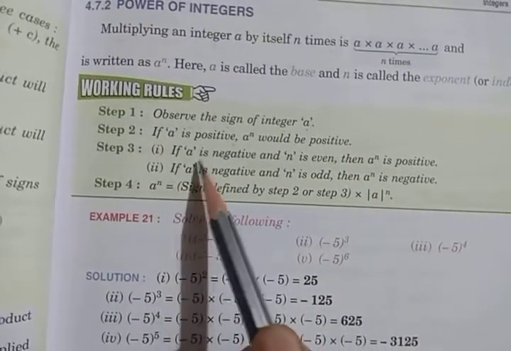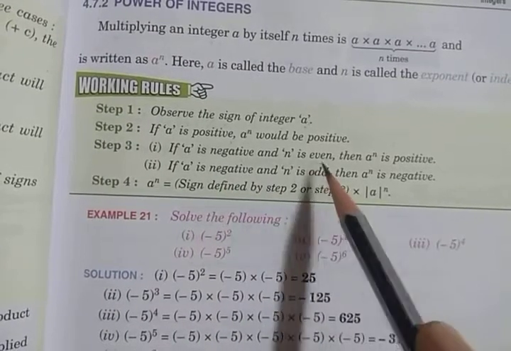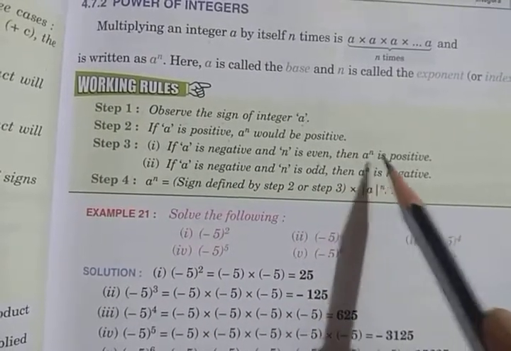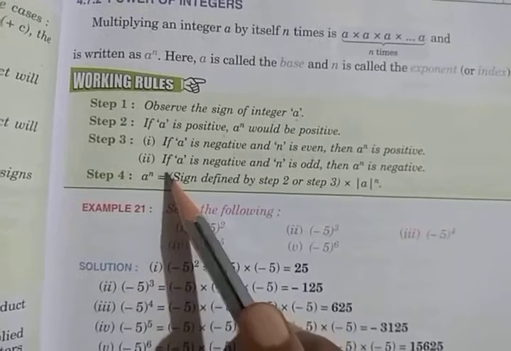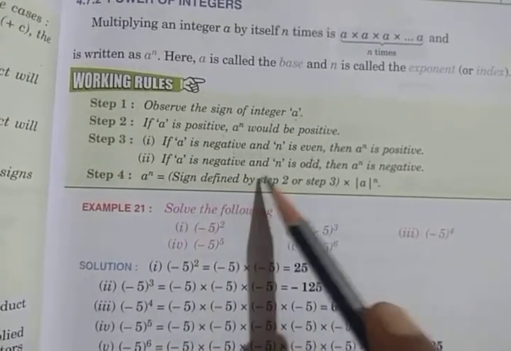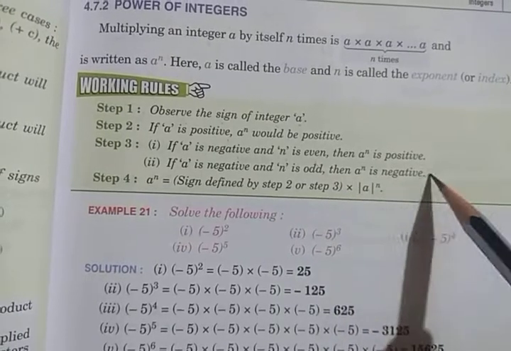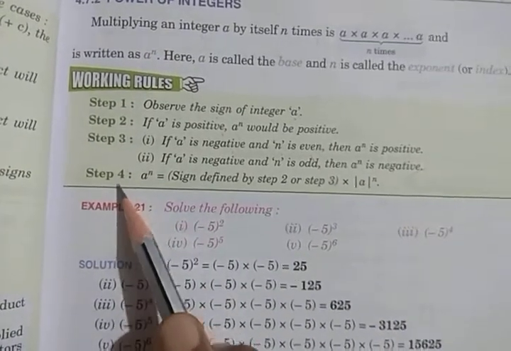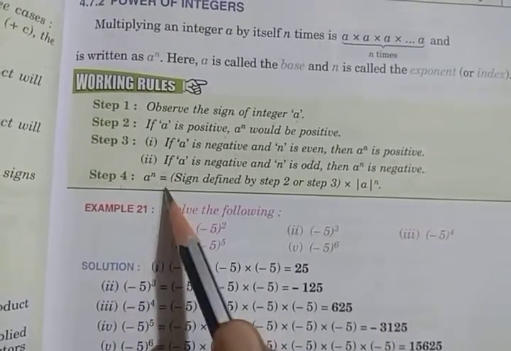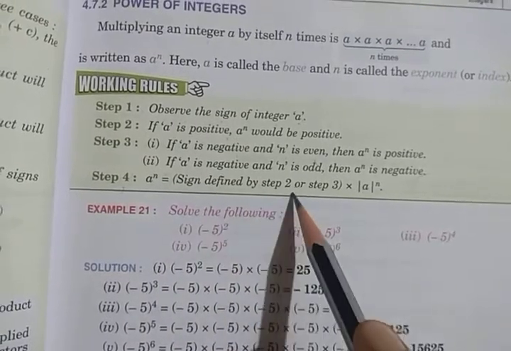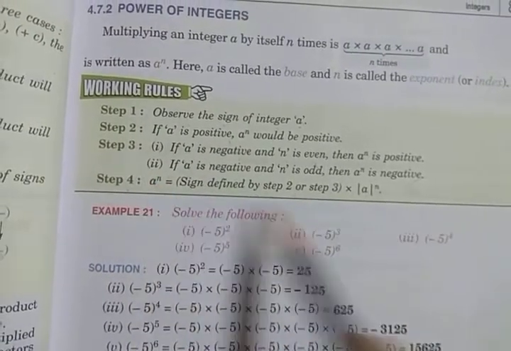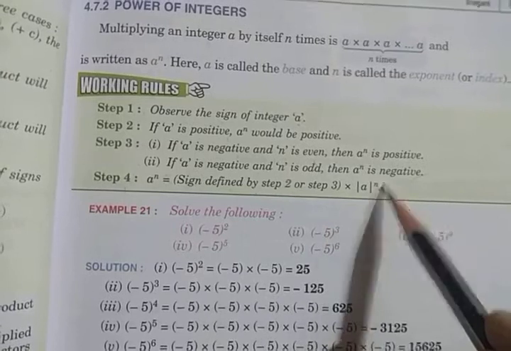If a is negative and n is even, then a to the power n is positive. If a is negative and n is odd, then a to the power n is negative. And step 4, a to the power n is equal to the sign defined by step 2 or step 3 multiplied by the value of a to the power n.